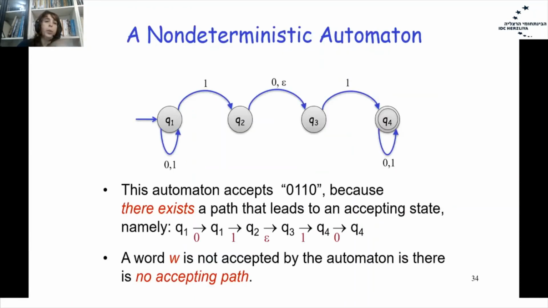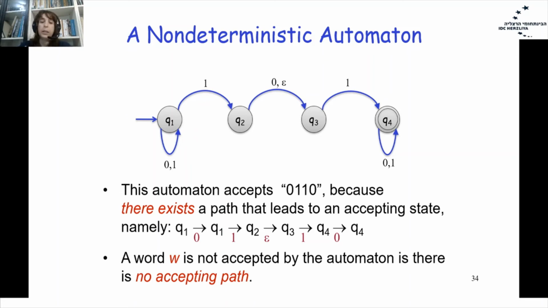So if we take our previous non-deterministic automaton as an example, and let's say that we have the word 0110, we claim that the word 0110 is accepted by the language of the automaton because there exists a path that starts in the initial state Q1 and leads us to an accepting state.